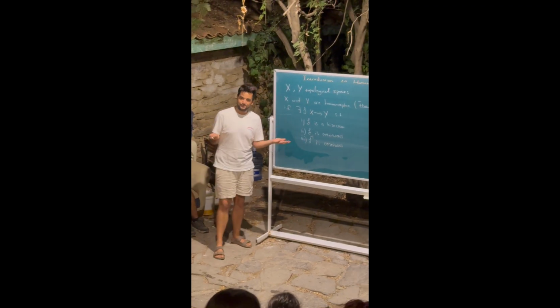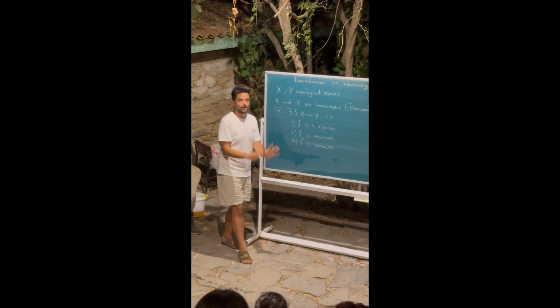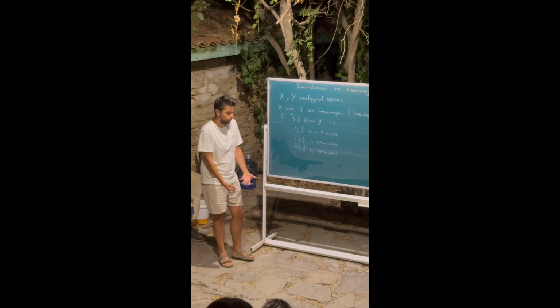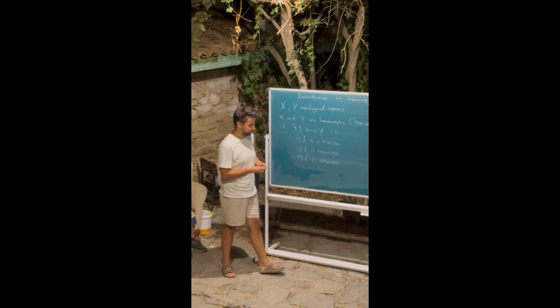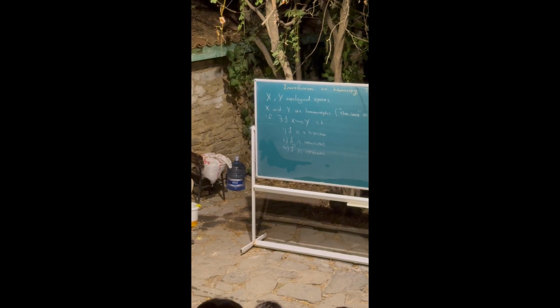So when this happens, for topological space purposes, we treat them as the same space, and we expect them to hold the same topological properties. I want to give some baby examples for some homeomorphic spaces.